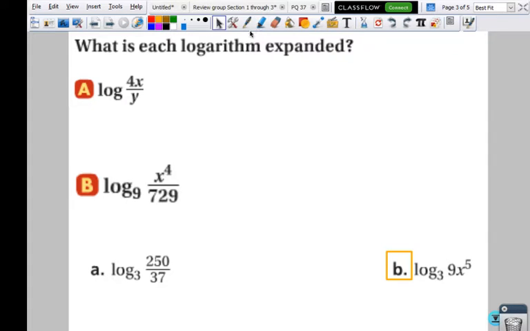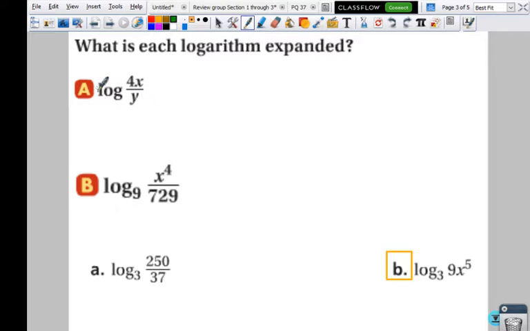One thing to keep in mind as you go through these: the base doesn't change. For example, on part B here, if I start with log base 9, I stay log base 9 everywhere. We're going to start with part A and write this out a long way. I have a product, quotient, and a power.